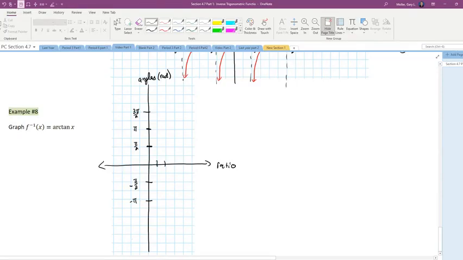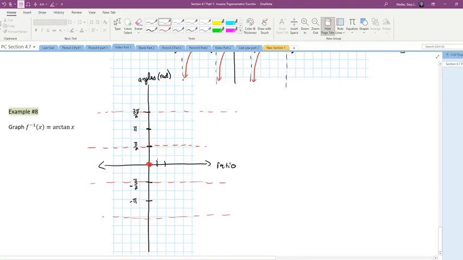All right, so we look at regular tangent, and we say that there's a vertical asymptote at every odd pi over 2. And so that would mean on the inverse tangent graph, we would make those into horizontal lines. So we have horizontal asymptotes at the odd pi over 2s. We know that tangent of 0 is 0, so we've got the point 0, 0.